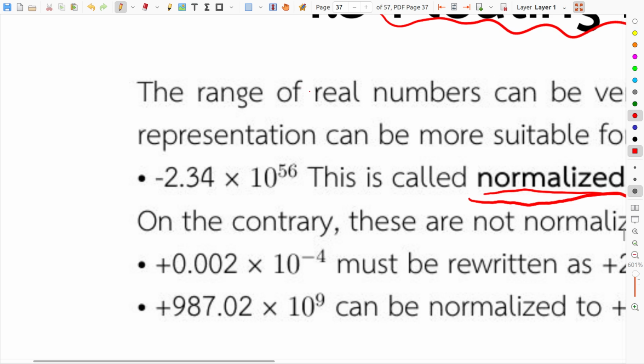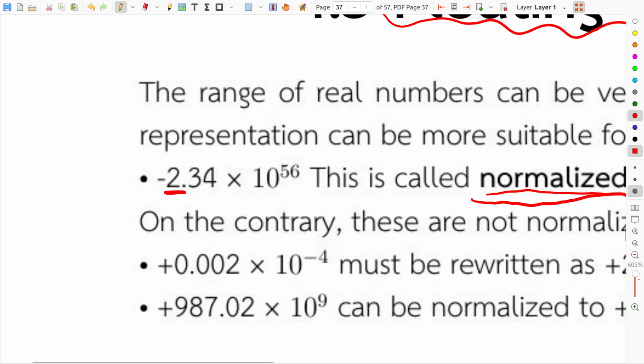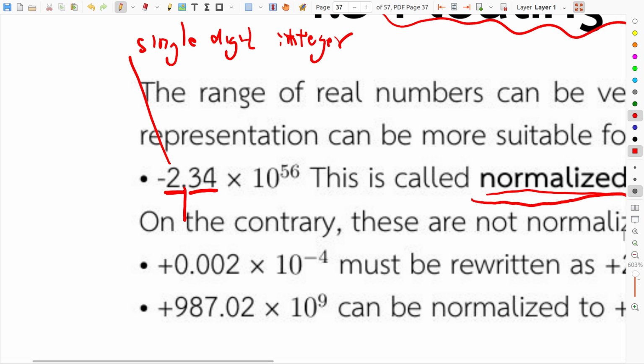We call it normalized because it is written in a single digit integer part, followed by a decimal point and the decimal part, followed by a multiplication and the base.